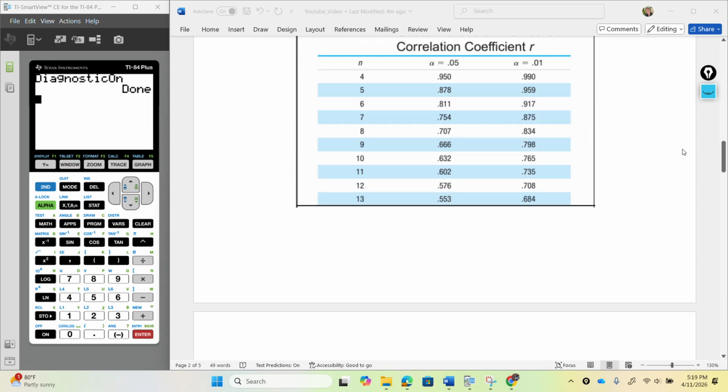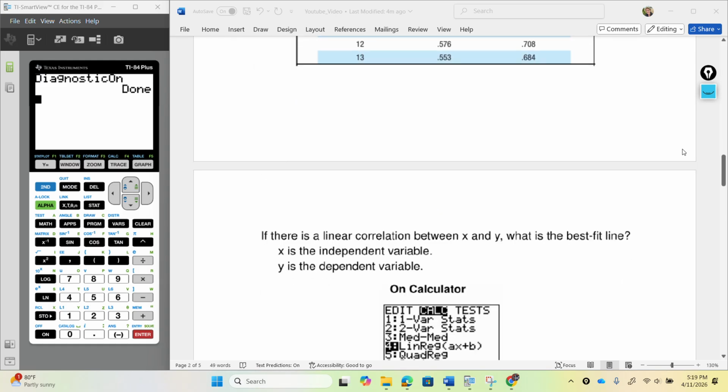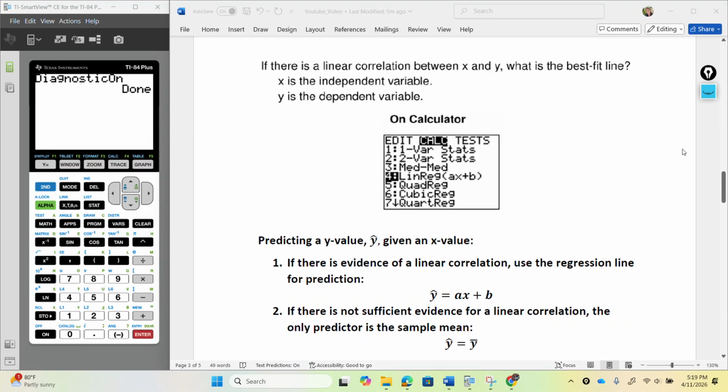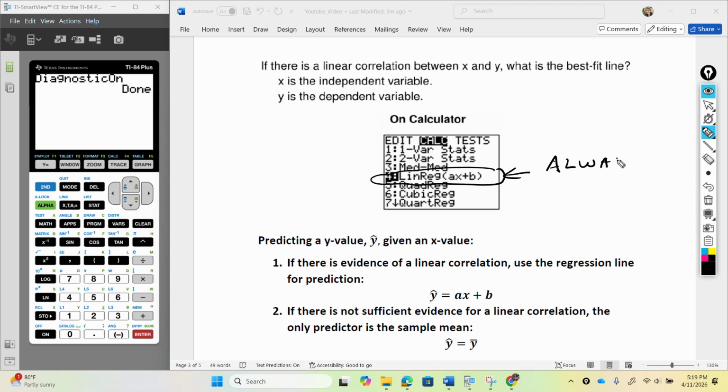So, what happens if you're asked to make predictions on paired data? Well, you can only make predictions if you have a linear correlation. If you do LinReg in your calculator, it always gives a regression formula for that line of best fit.